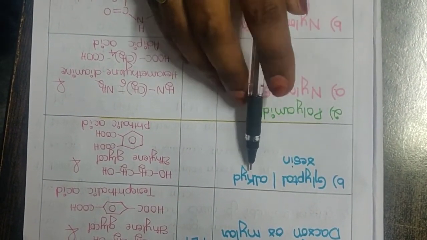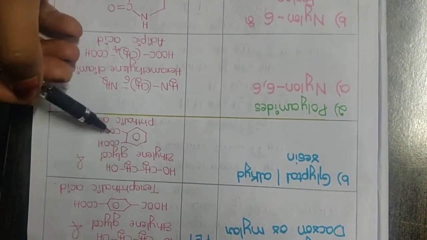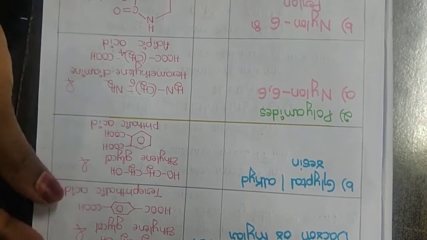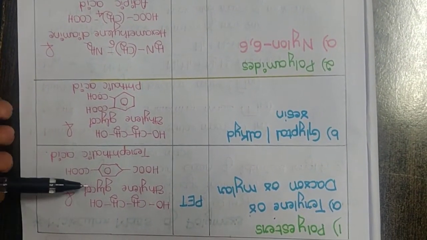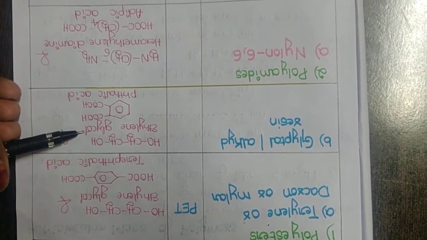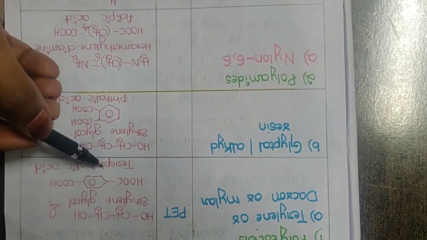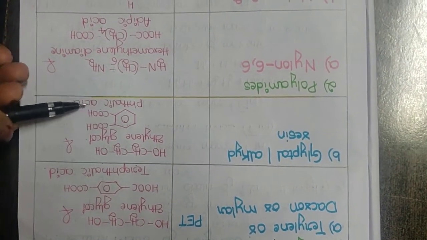Glyptal is also called alkyd resin. What are the two monomers here? It is the same as your terylene. Why? Because even in terylene I have ethylene glycol, even here also ethylene glycol. Here I had terephthalic acid, whereas here we have phthalic acid.